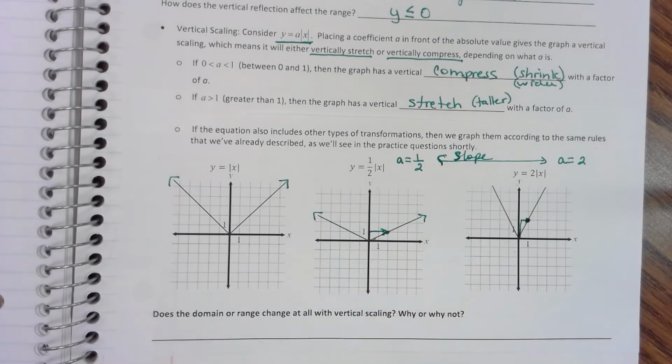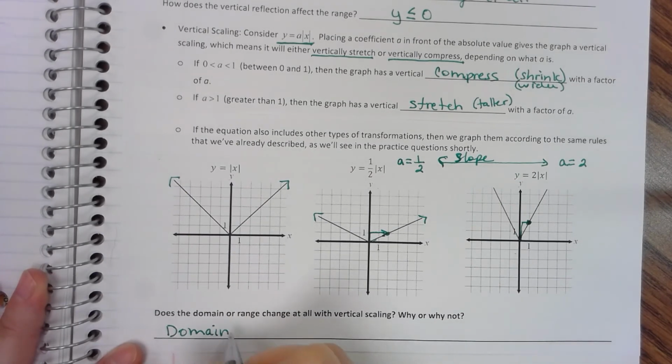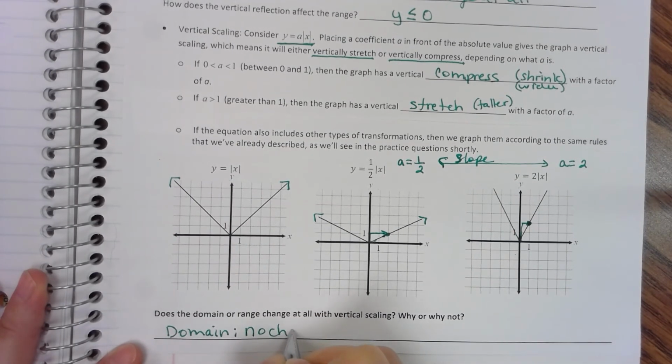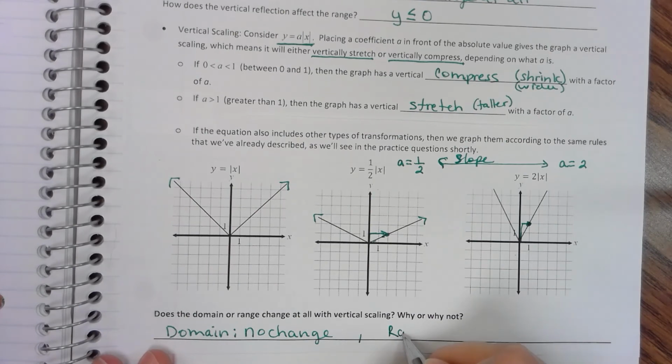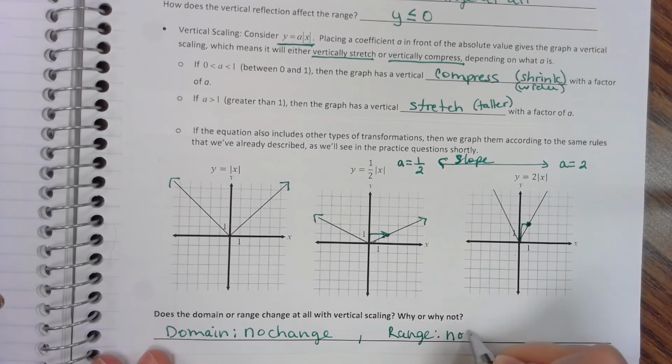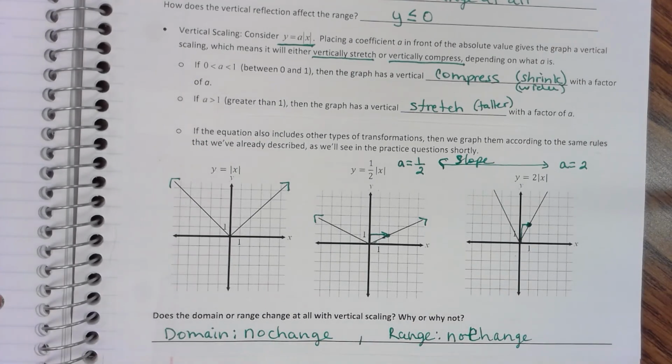So the slope changes. The domain isn't going to change. Doesn't have any change. And I didn't move it right, left, up, or down, and so my range doesn't have a change. No change either. There's no movement, and so therefore the vertex stays the same. So we're going to have lots of example problems in class, but these are your notes for absolute value.